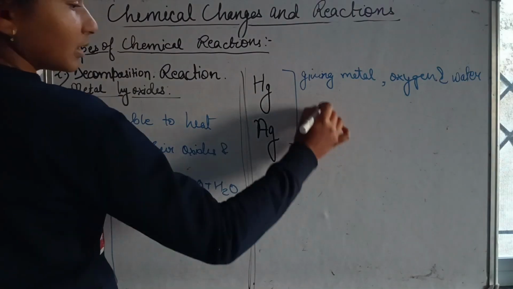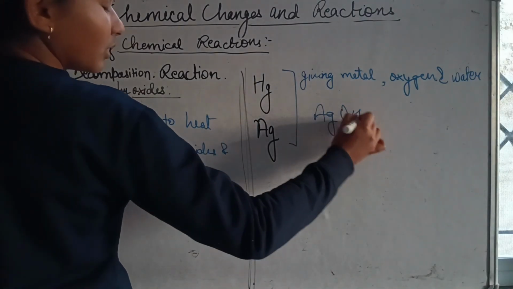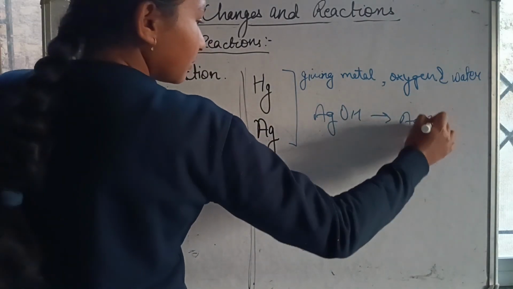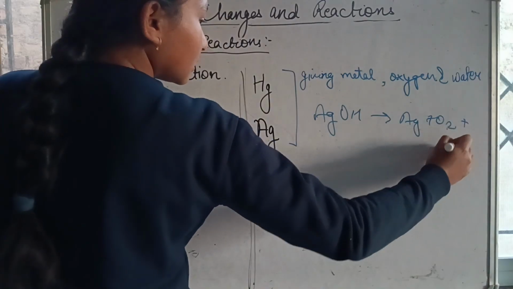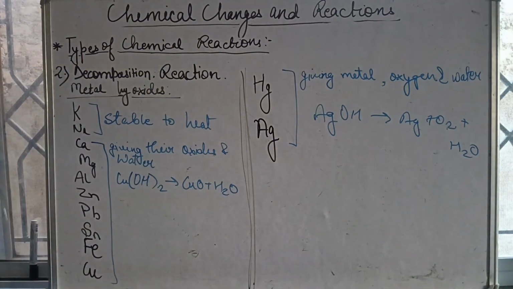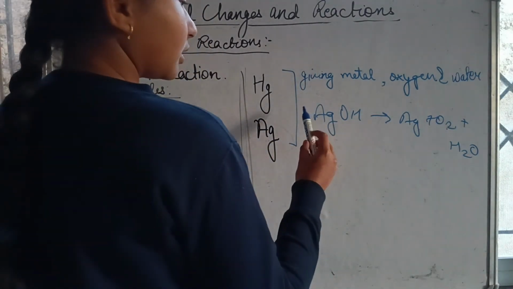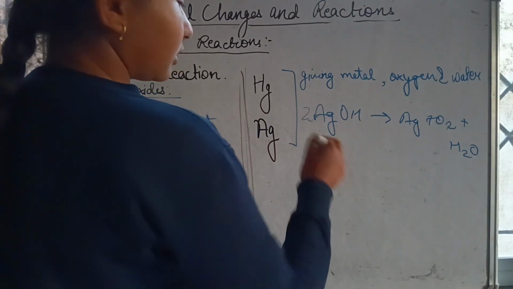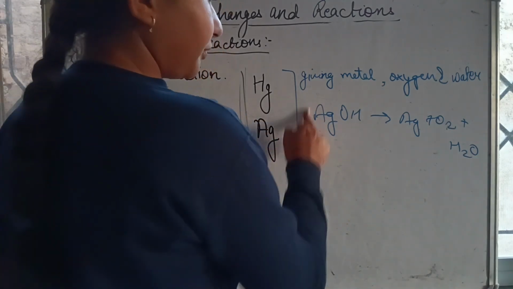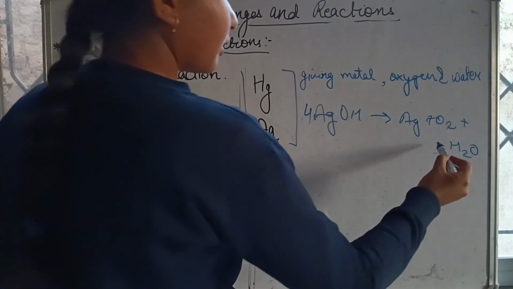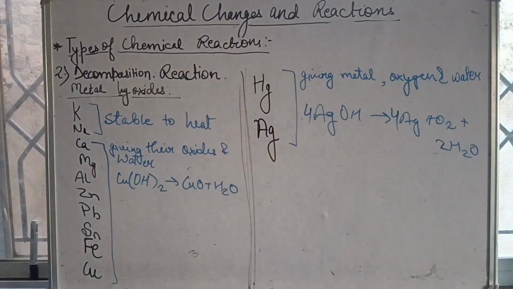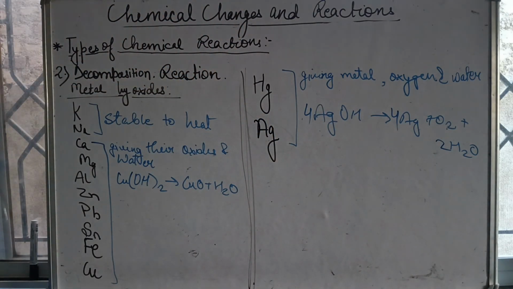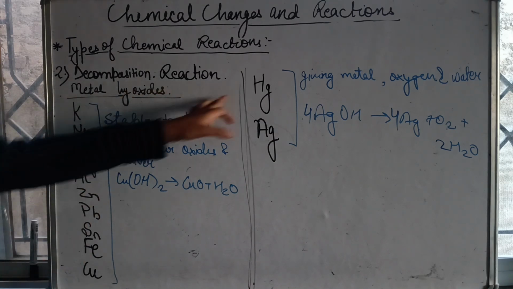For example, AgOH will give Ag plus O2 plus H2O. Here it will be 4 to balance. So this is in the case of metal hydroxides.